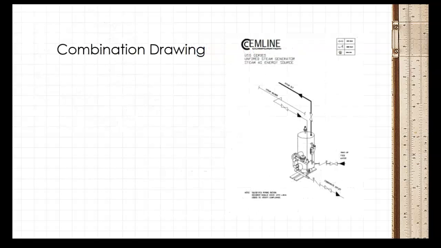All right, this particular one's a combination drawing. Why would we need a combination drawing? Well, because sometimes you not only need to know what components are there, but maybe you're looking for a specific piece of the puzzle. In this case, they've got it heading to, I believe, a steam generator. It kind of looks like a hot water tank, but I think it's generating steam instead of hot water.